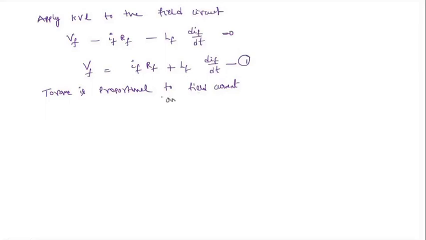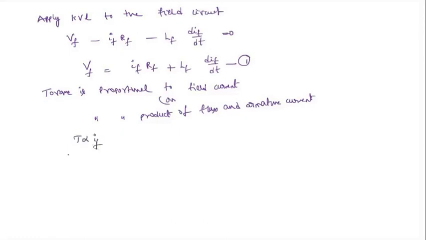And another way, the torque is proportional to the product of flux and armature current. The product of flux and armature current is nothing but simply the field current. That's why I have written torque is proportional to field current, or we can write product of flux and armature current. So this may be written as torque is proportional to If directly.